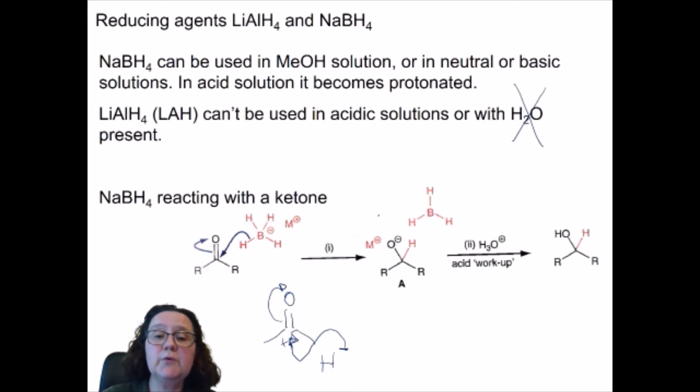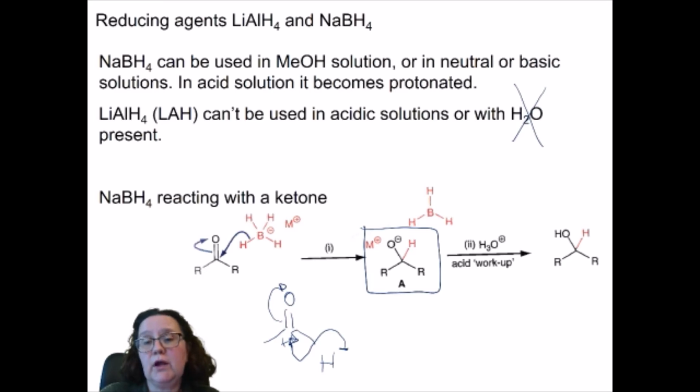And you end up with this compound, and this is a salt. The reduction has already taken place, and you obtain your product in the form of a sodium salt. So the last step would be the acid workup, using an acid to break up the salt, to remove all the inorganic parts of the reaction, all the boron salts and the sodium salts, and liberate the alcohol, which is the product of the reaction.